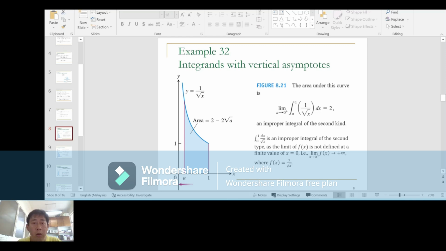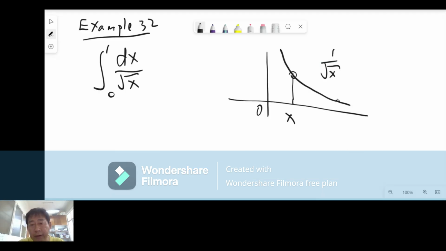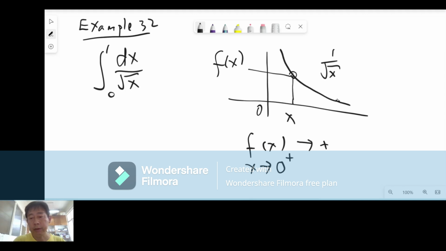So in this case, we are going to deal with the function 1 over square root of x. If we choose finite values of x and trace the values of the function at the point x, the function would become not defined as x is made to tend towards 0 from the right. So the values of the function will just shoot to infinity.